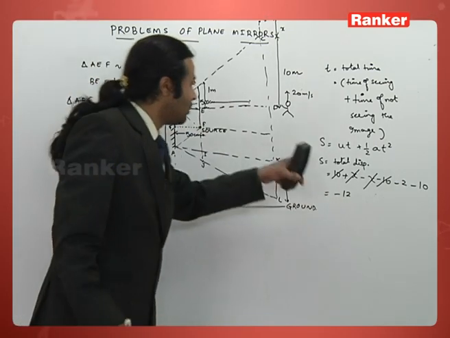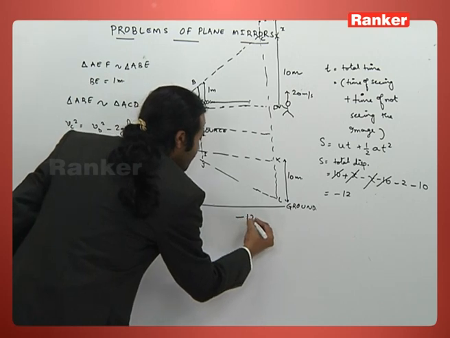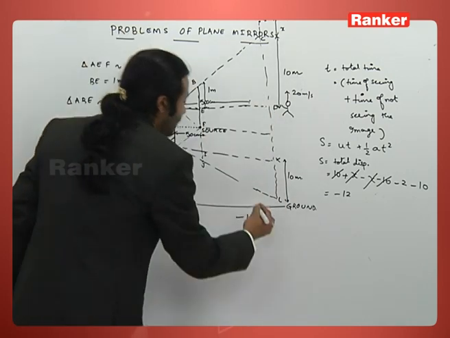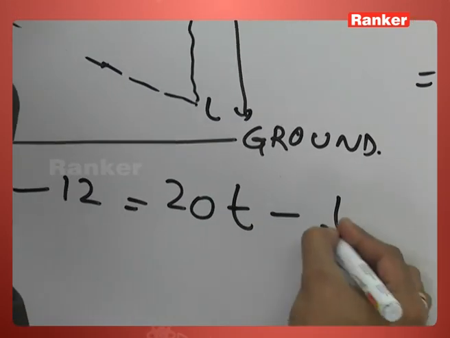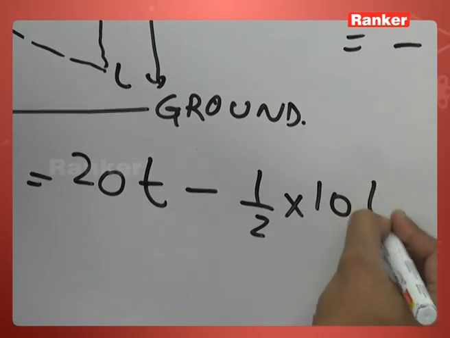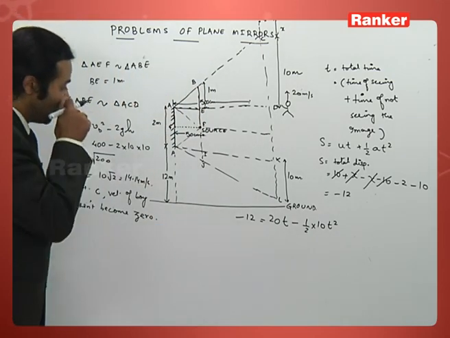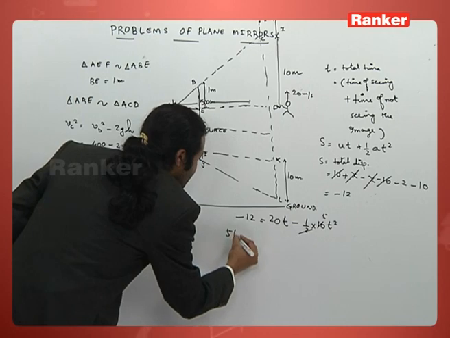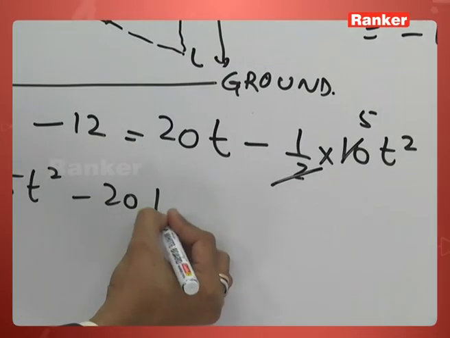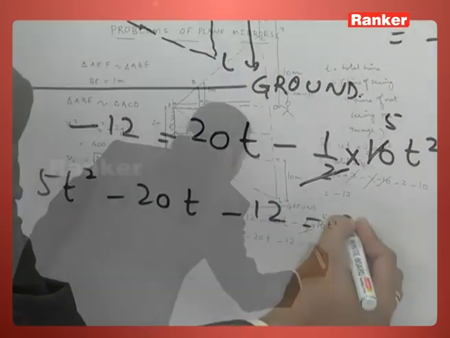So the total displacement for which he is seeing the image plus not seeing the image is minus 12. So I will put minus 12 equal to, from here the velocity is 20, 20t minus half into 10 into t square. So this becomes 5t square minus 20t minus 12 equals 0.